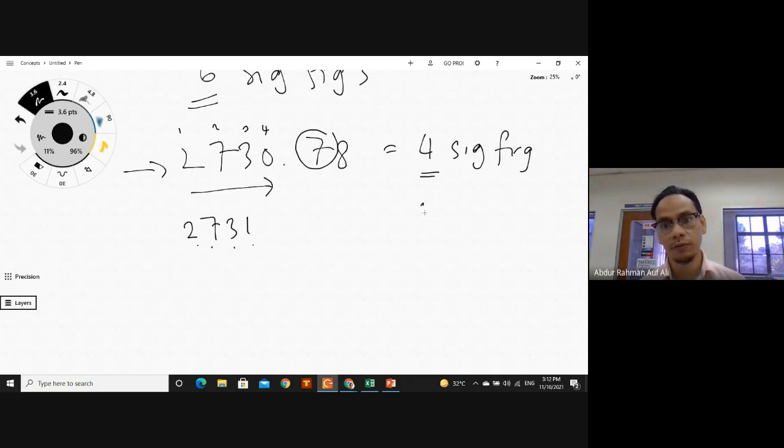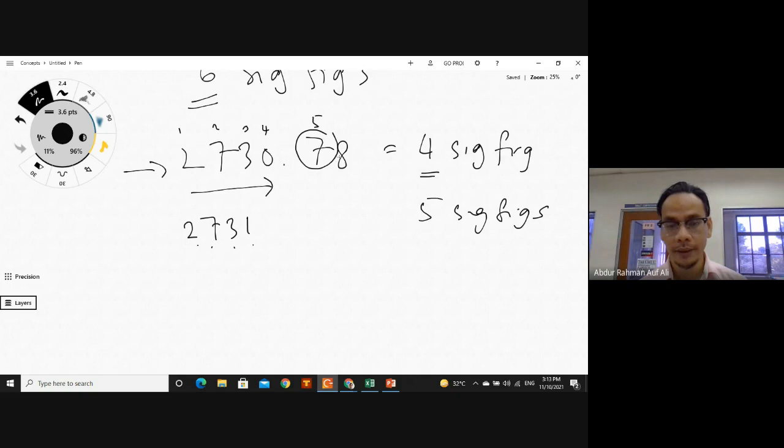Kalau nak round to 5 significant figures, samalah tengok nombor 7 ni. So this is 1, 2, 3, 4 and this is 5. So bundarkan dekat 7 because this is the 5th significant figure. So tengok nombor sebelah 7 ni adalah 8.